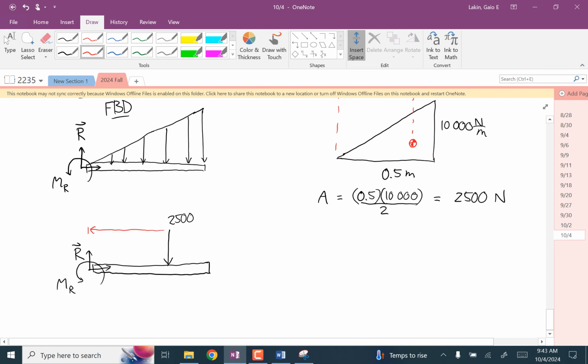And this distance is 2/3 of 0.5, so 0.3 repeating. And now this is the free body diagram we're going to do the calculations off of, with the equivalent point force in place of the distributed load. Any questions about that free body diagram?